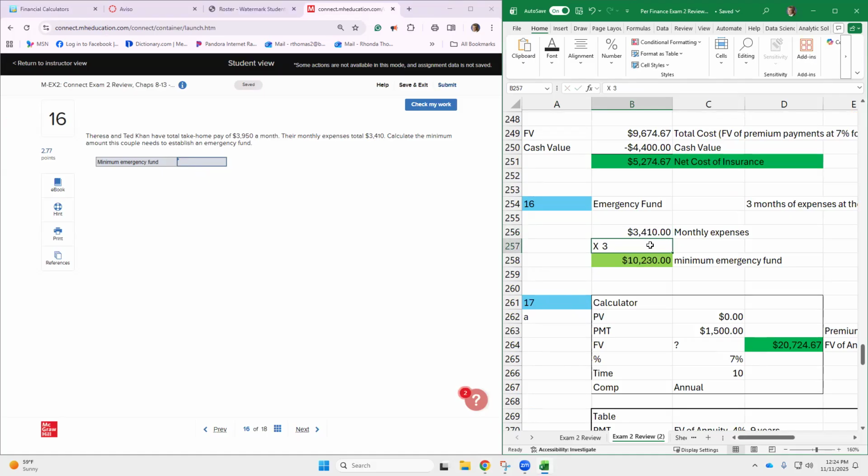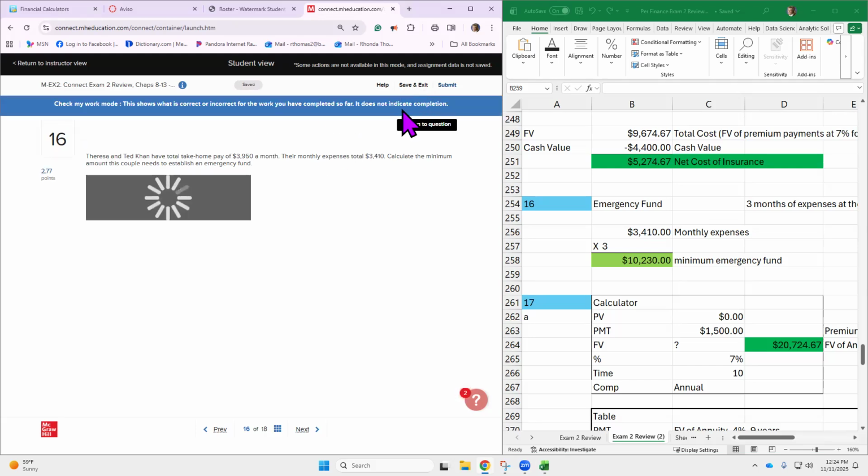I've got $3,410 times 3, which is $10,230. That is the minimal recommendation to have in an emergency fund, in a savings account or somewhere you could get to it today. All you have to do is make a phone call, or get on your online banking and move some money over.